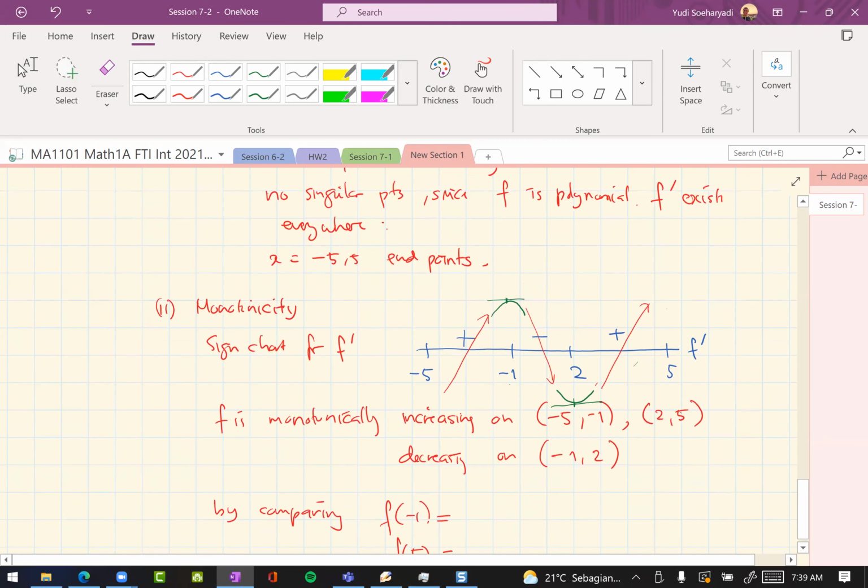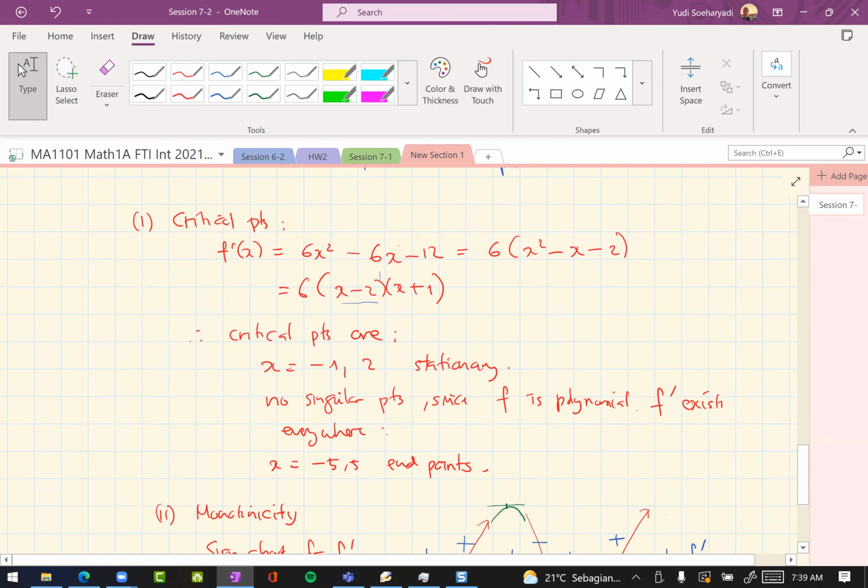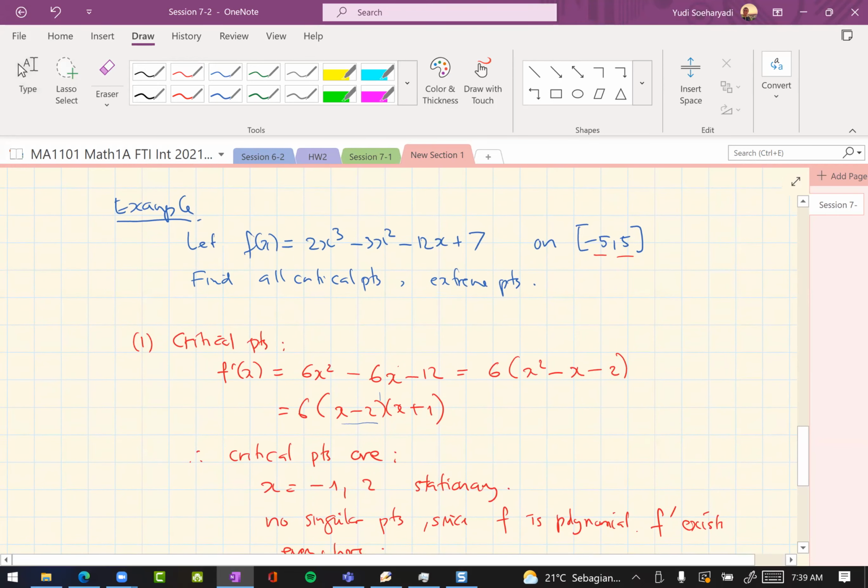What is f(-1)? Here, -1, this is 2, -1. 14? 14, right.